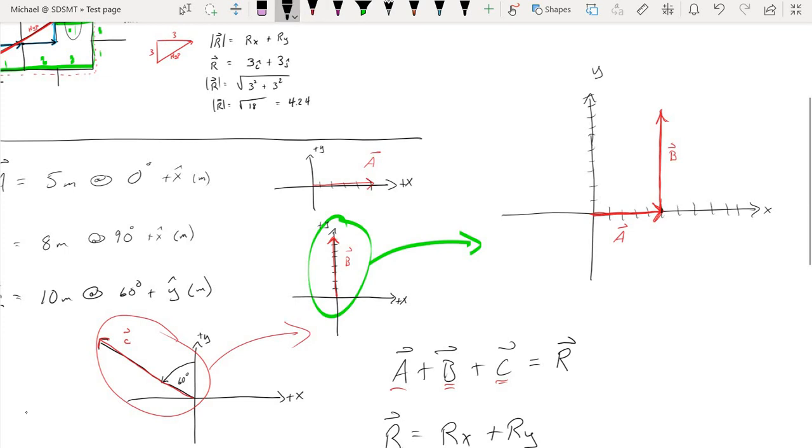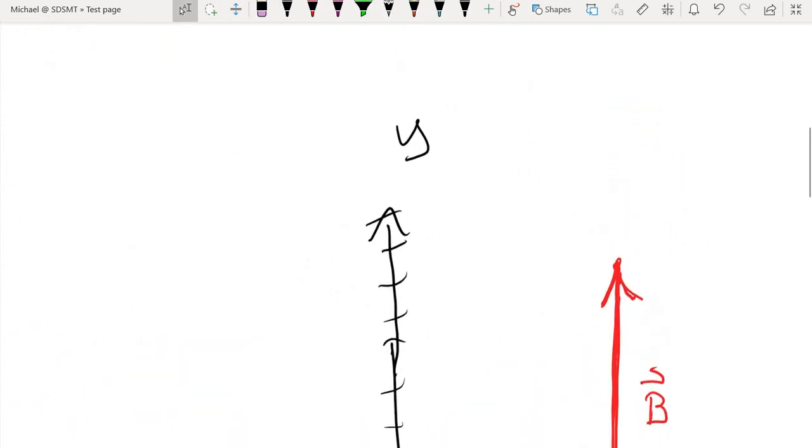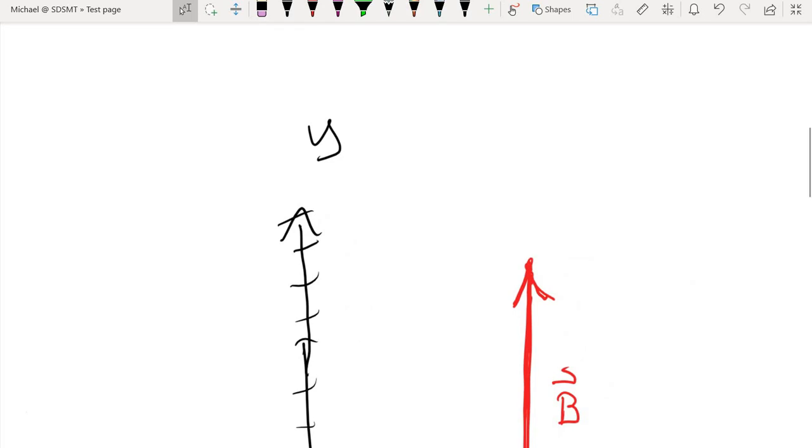Now some people have a little bit of issue with knowing how they want to draw this vector addition and exactly where the next vector should be pointing. So my recommendation is, if you're struggling with trying to draw the vector addition, just place a tiny XY axis right at the point where you're trying to draw the next vector in line. And you remember that vector C had to be 60 degrees with respect to the Y axis.